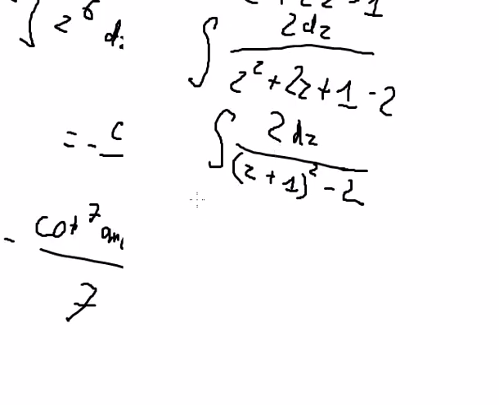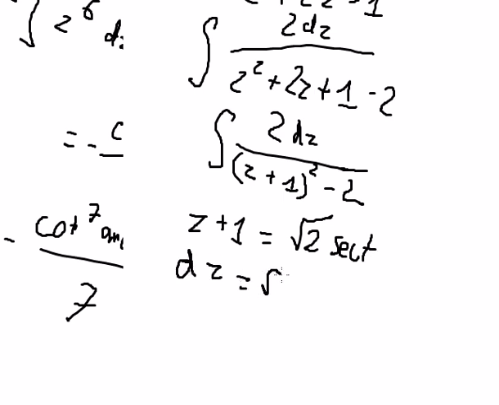So we put z plus 1 equal to the square root of number 2 secant of t, dz equal to square root of number 2 secant of t tan t dt.